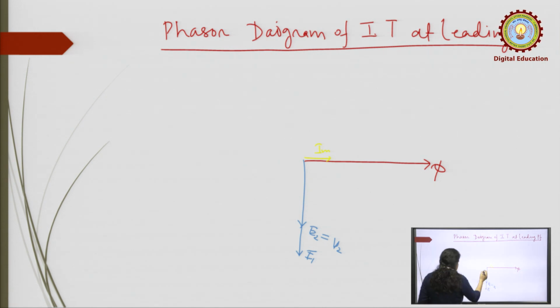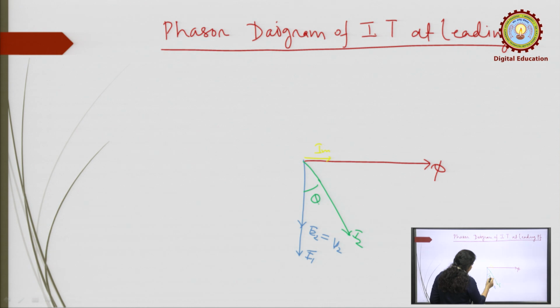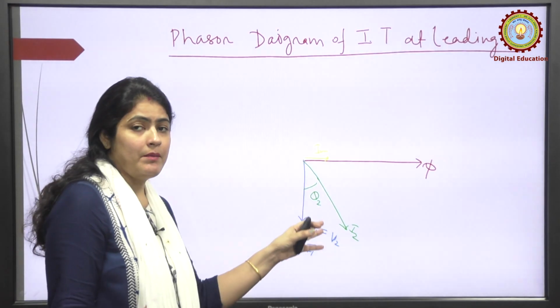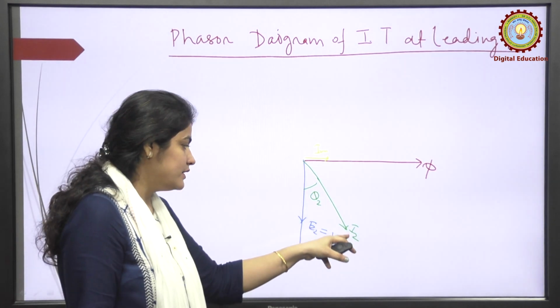So, now suppose this is I2 and it is leading the voltage by an angle of theta 2. Now, as you can see, due to the loading effect, the primary current will produce the same amount of MMF which is produced by this I2 current.